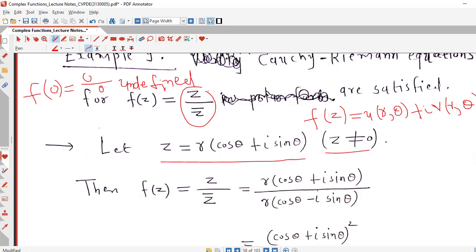So here we start by taking z equal to r into cos theta plus i sin theta, where z is a non-zero complex number.